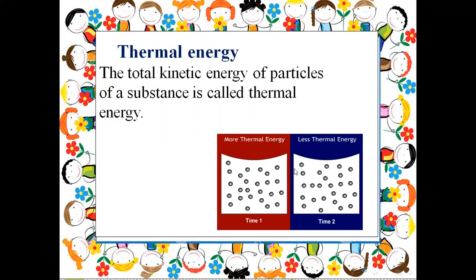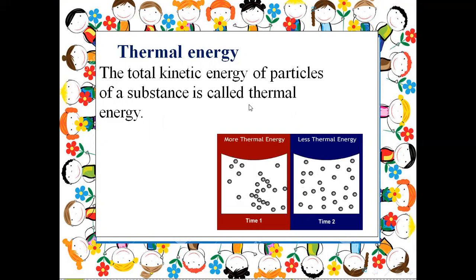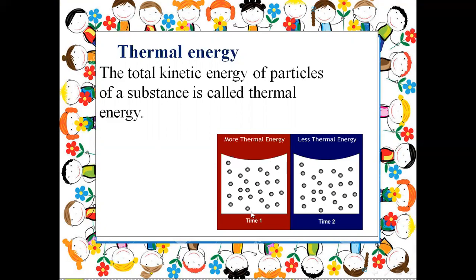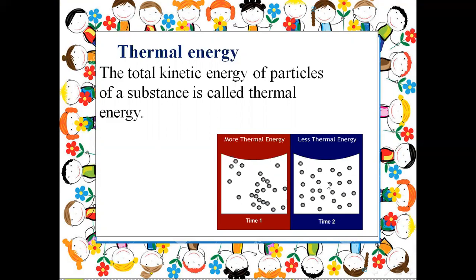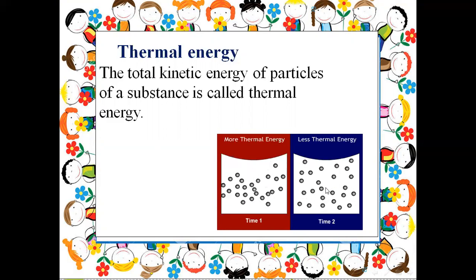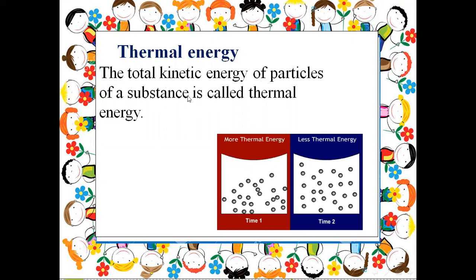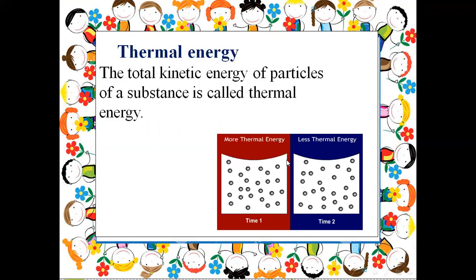Here you see the particles moving faster have more kinetic energy, and here the particles moving slowly have less kinetic energy.